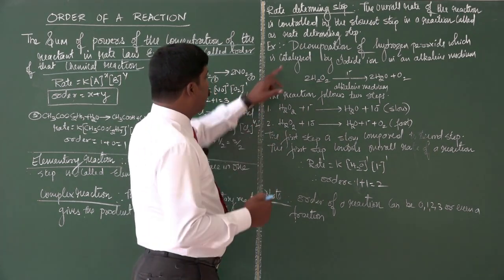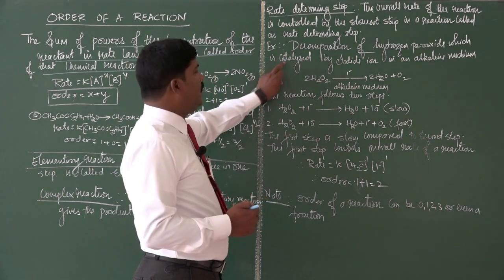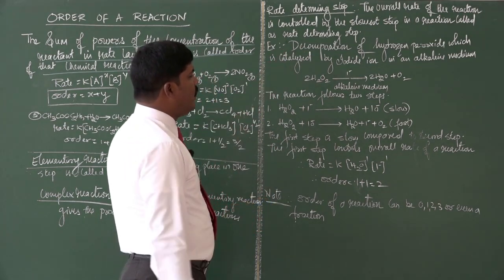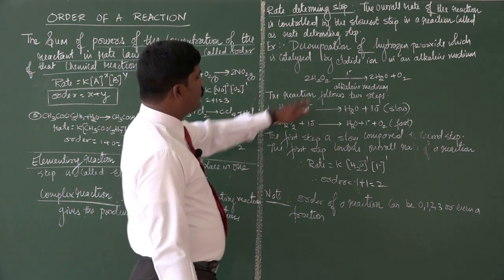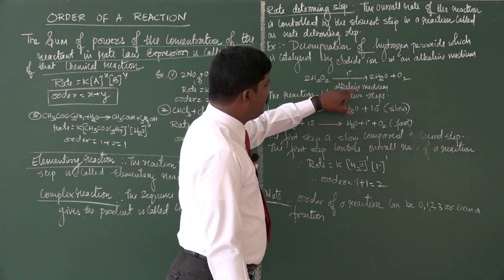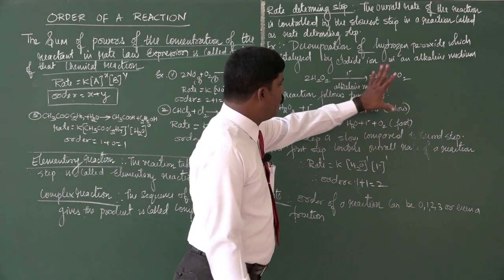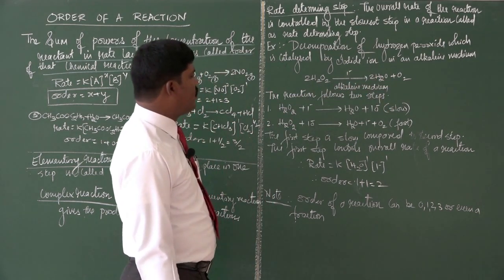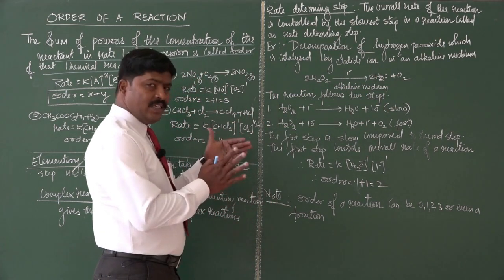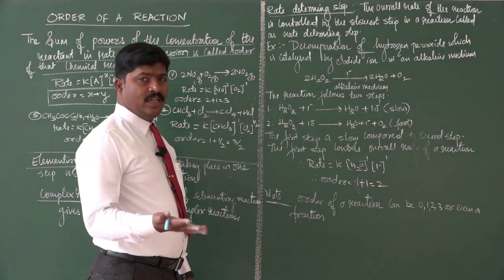In the mechanism there is a sequence of elementary reactions. Let me give an example: decomposition of hydrogen peroxide, catalyzed by iodide ion in alkaline medium. 2H2O2 with I minus in alkaline medium gives 2H2O plus O2. When I investigate, I find there are 2 steps in the reaction.